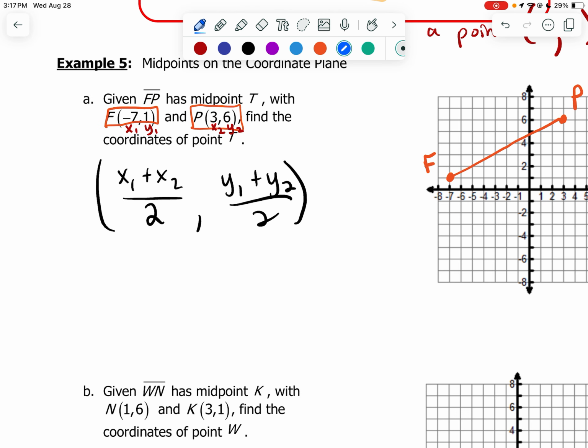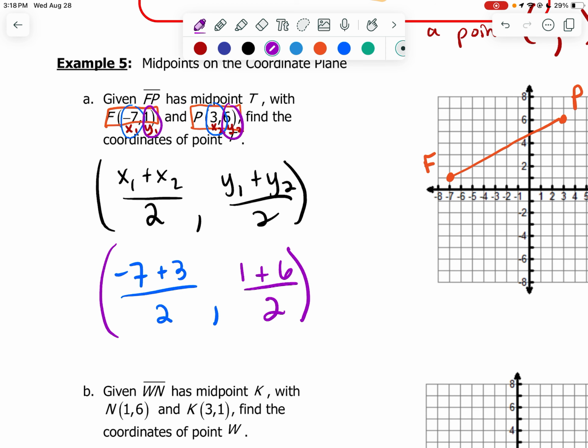Okay, so x1 is negative 7 plus x2 is 3, divided by 2 from the formula. Okay, then we add our y's. So y1 is 1, y2 is 6, and we divide by 2. Excuse me. And then we need to solve those.